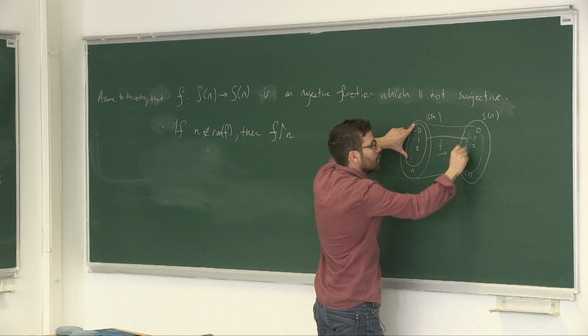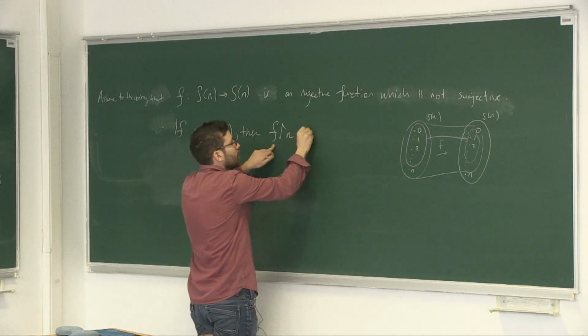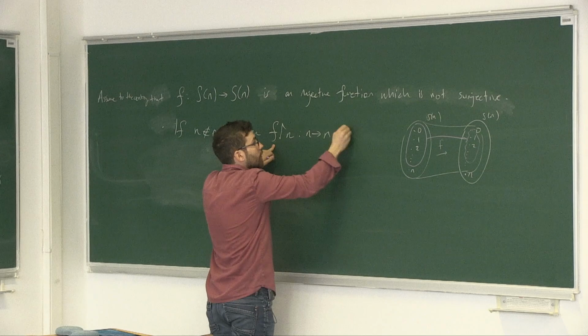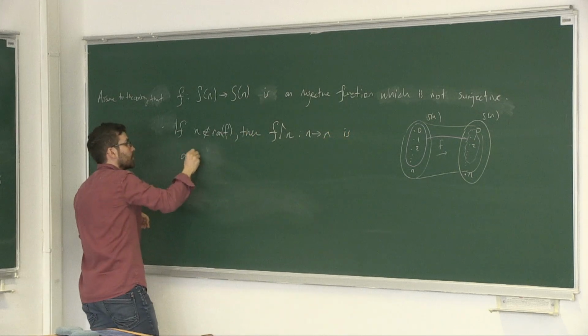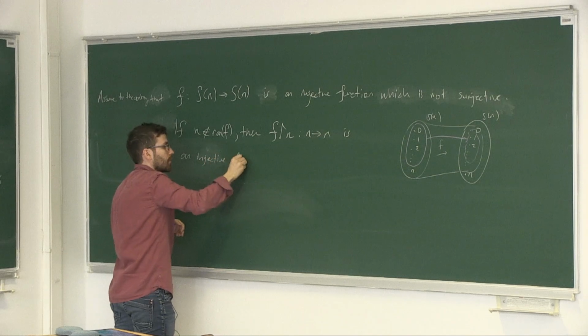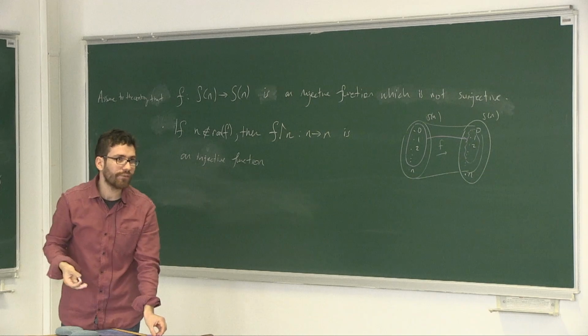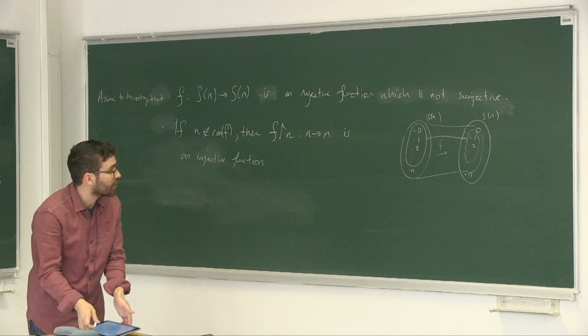Then, I don't know where this goes. This will be an injective function. Why? Because if you restrict an injective function to some subset, you still get an injective function.